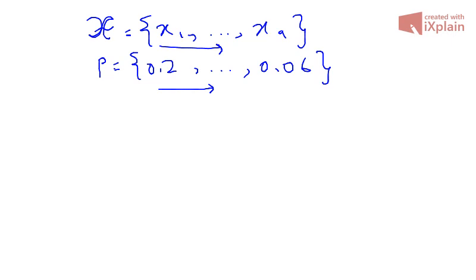Now let me apply the Huffman coding, and the first step is to write all the alphabets in the descending order of their probabilities. For example, x1 occurs more frequently, so I would write x1 here.